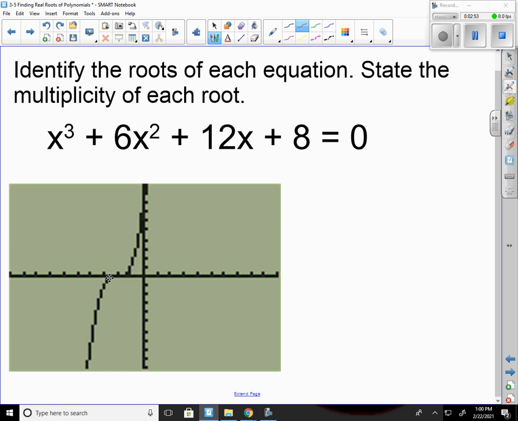So I see a bend in this root, and there aren't any other roots, right? So since there aren't any other roots, I can look back at this number. Where does it cross? It's crossing at negative 2. So negative 2 is a root. So it's x equals negative 2. That's my root.